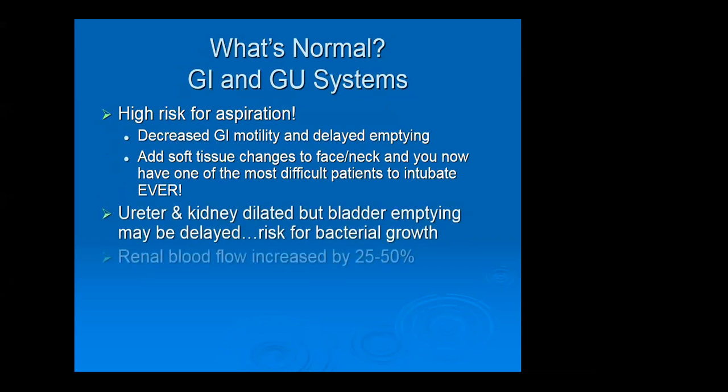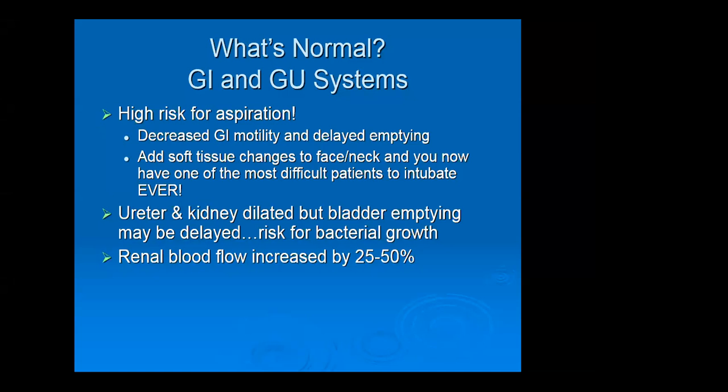When we look at the GI and genitourinary systems, we find that they're high risk for aspiration. Think about the fact that there's now a fetus sitting in the abdomen, crunching up space, so there's going to be a decrease in GI motility and delayed emptying.